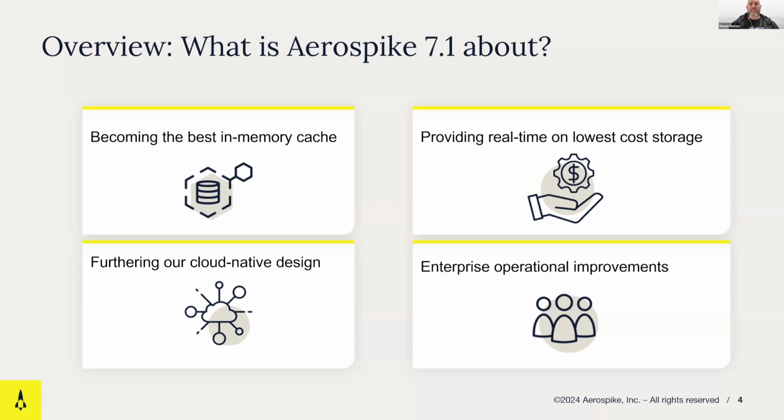Now we're doing the same for data storage. So first thing we did in Aerospike 7.0 is a unification of the storage format, which has a lot of advantages that we're going to talk about soon. But one of those things was also the ability to store data itself either in shared memory or in persistent memory or on SSD.